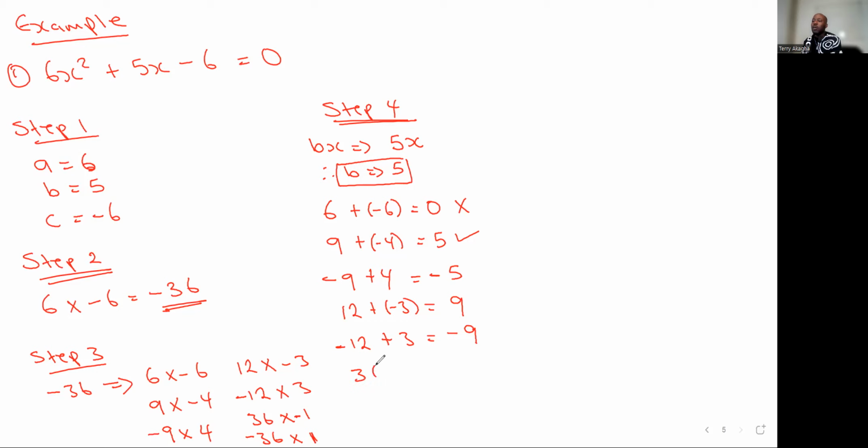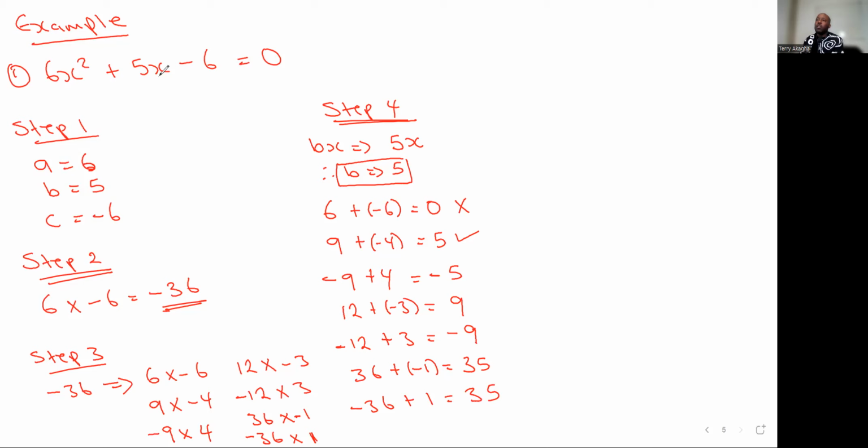You also have the next one, 36 plus a minus 1. Plus times minus will give you minus. So 36 minus 1 will give you 35. The next one, minus 36 plus 1, you see that it's also going to give you 35. So compared to all of them, the only one that could give you the answer you're looking for is the 9 and minus 4.